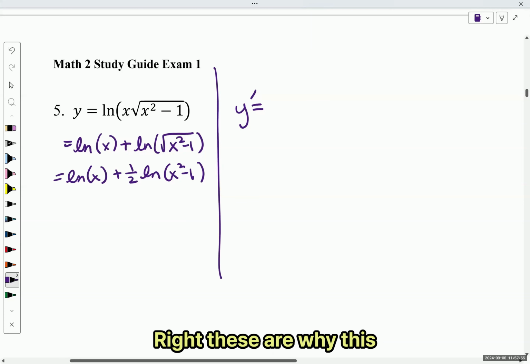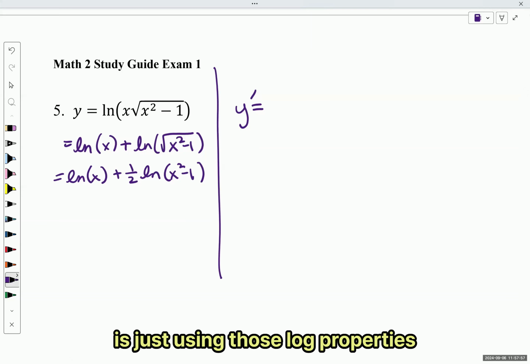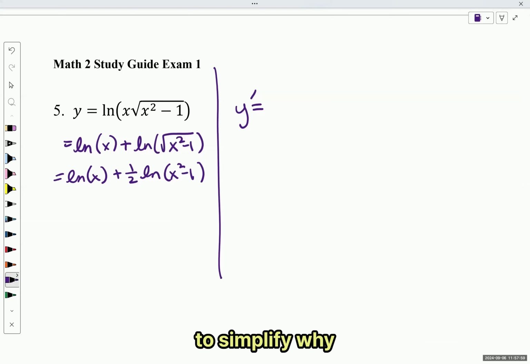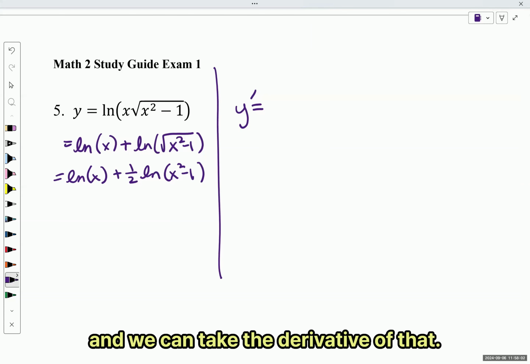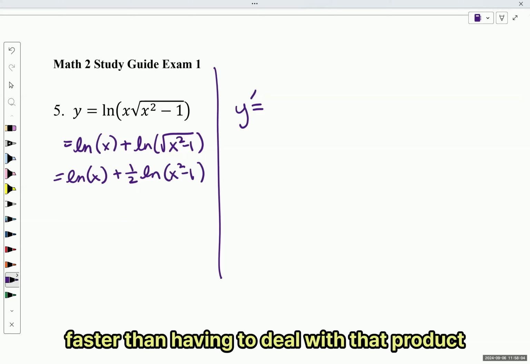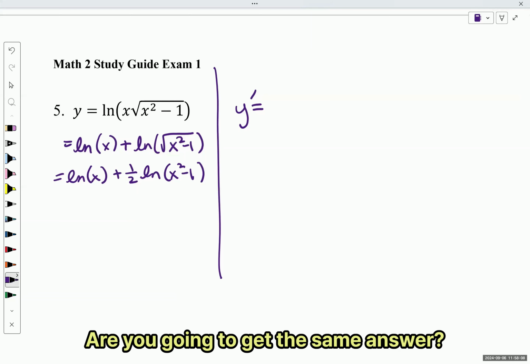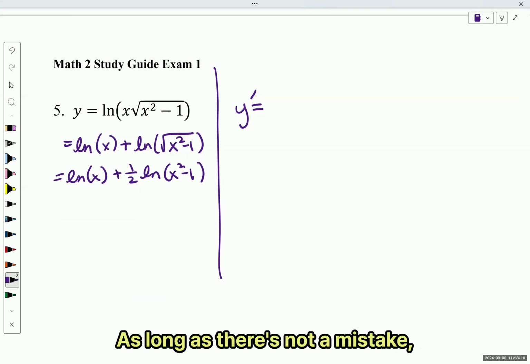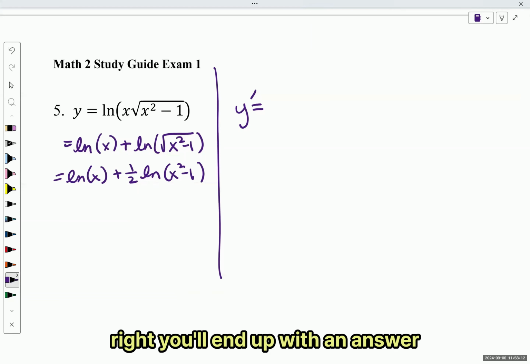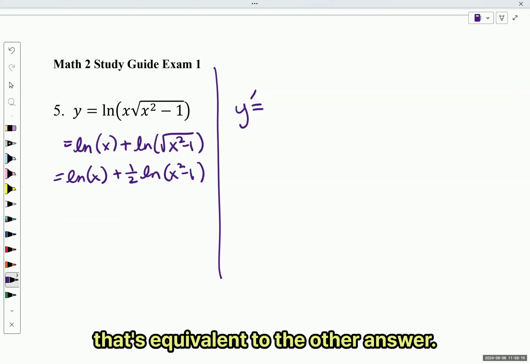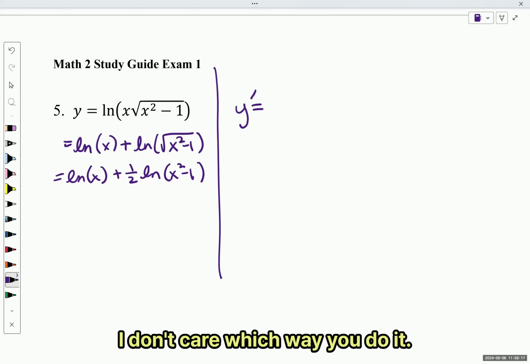This is just using those log properties to simplify y. And we can take the derivative of that. It's a tiny bit faster than having to deal with that product rule up in the top. Are you going to get the same answer? Yes, as long as there's not a mistake. You'll end up with an answer that's equivalent to the other answer. I don't care which way you do it.